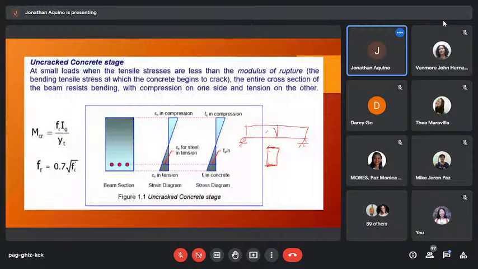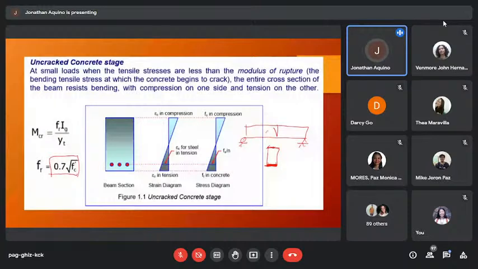So meaning, merong allowable rupture strength or rupture stress before the concrete cracks. So in the code, the allowable rupture is 0.7 of F prime C, or the 28-day compressive strength of concrete. So this is the typical beam section with tension reinforcement.